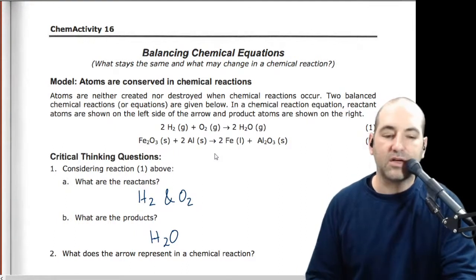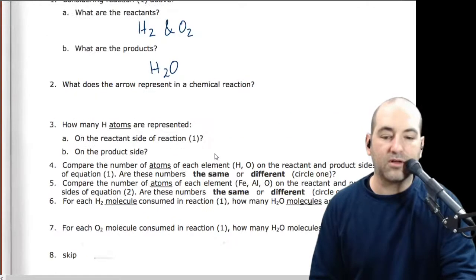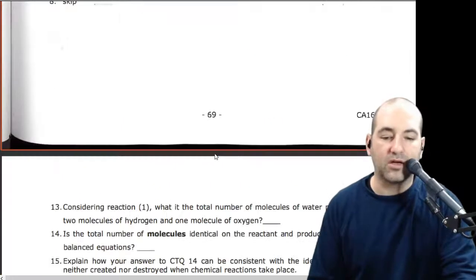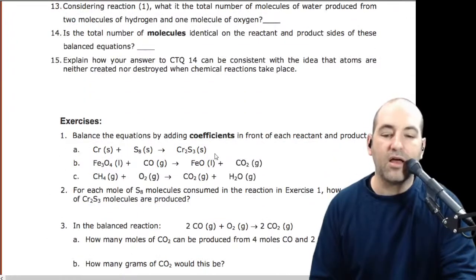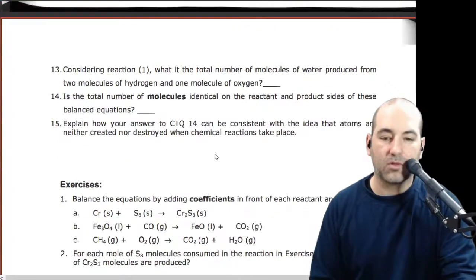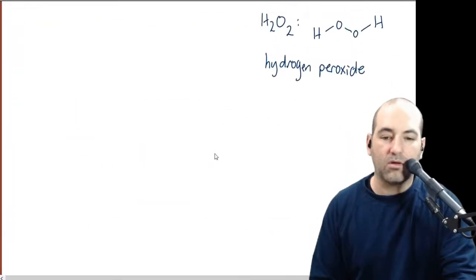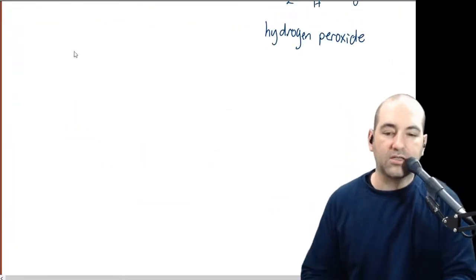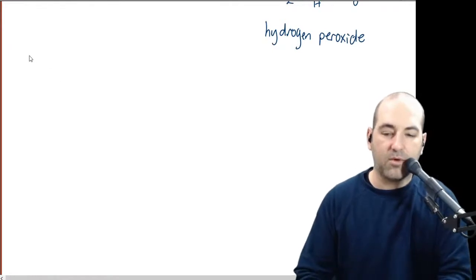But as the reactions get more complicated, that becomes more difficult. It becomes more difficult to just say, oh, well, I'll just look at it and play with some numbers. So let's talk about how to do this in a more systematic way with another reaction that's a little bit more complicated.